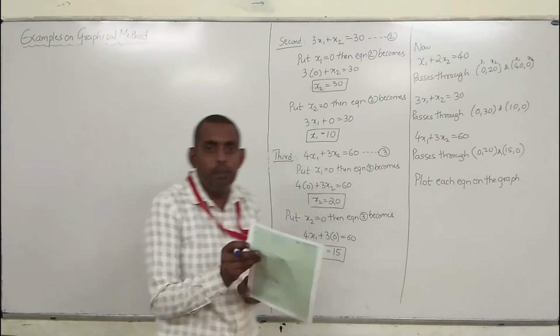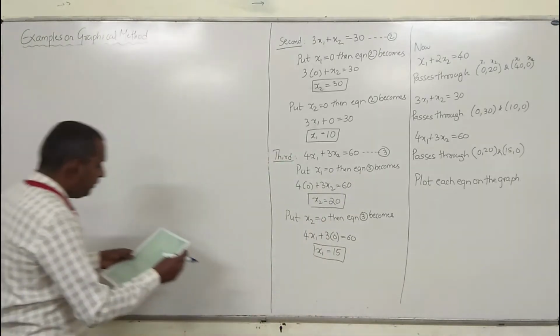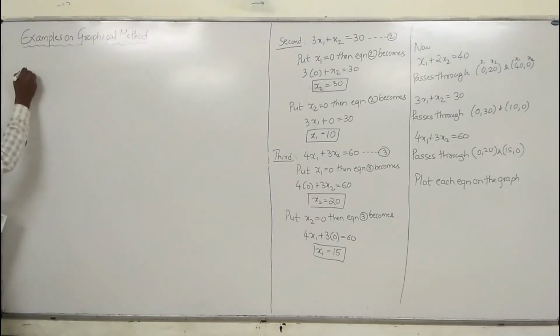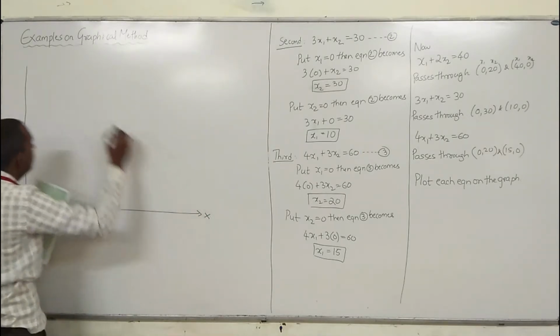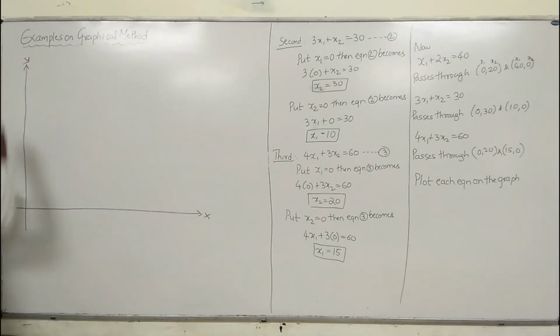So let me draw the graph here. This is a graph. This is x-axis and this is y-axis and this is origin.